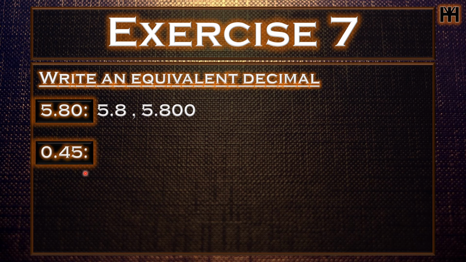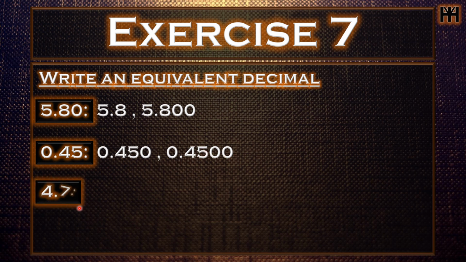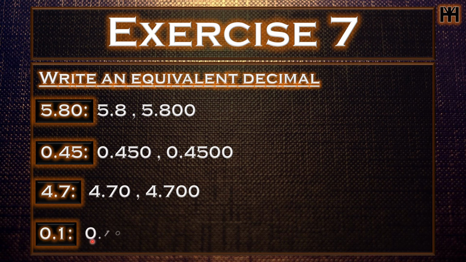Let's say we have 0.45, so it's 0.450 or 0.4500. Okay, 4.7, you can write it 4.70 or 4.700. 0.1, you can make it 0.10, 0.100. It's all equivalent to 0.1.